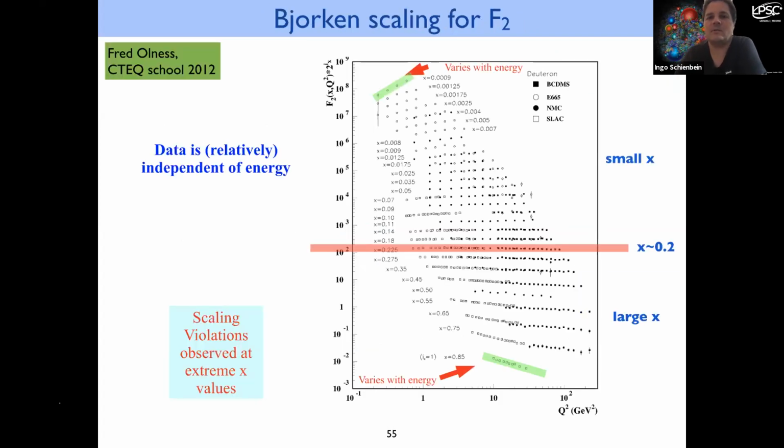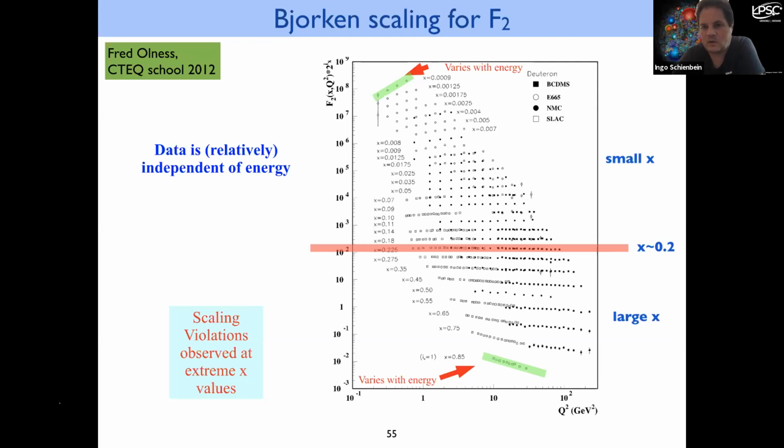And experimentally, you see it here. The structure function F2 has been measured at HERA and also at fixed target experiments over a wide kinematic range in Q squared. On the y-axis is the structure function F2 times some factor 2 to the i to separate the data as a function of Q squared.